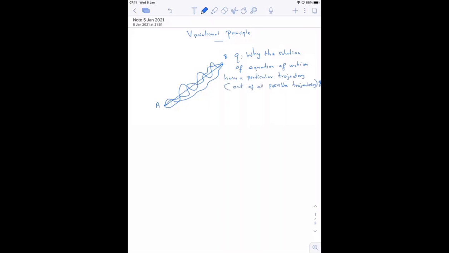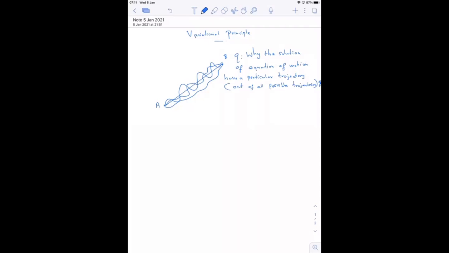I don't know whether you have ever thought about this, right? When you consider two points from A to B, there is a particular trajectory a particle would follow, and the question that we are trying to answer is why the particle follows that particular trajectory, right?